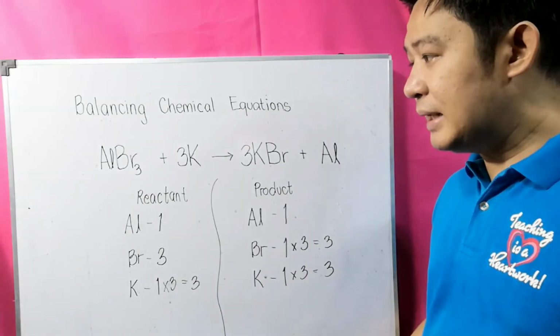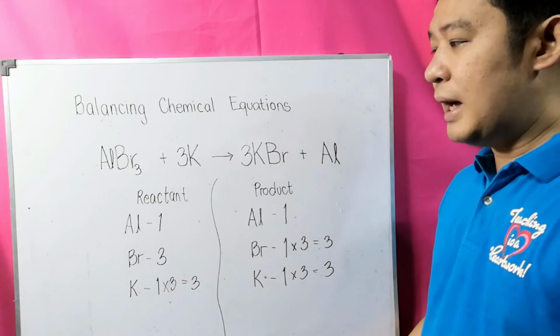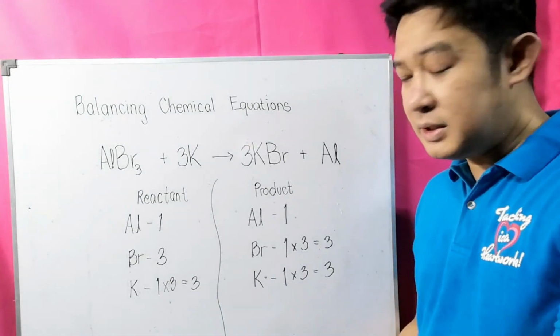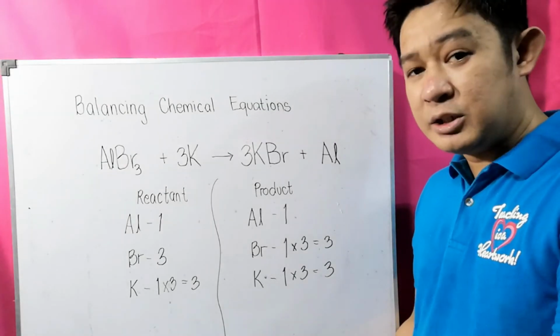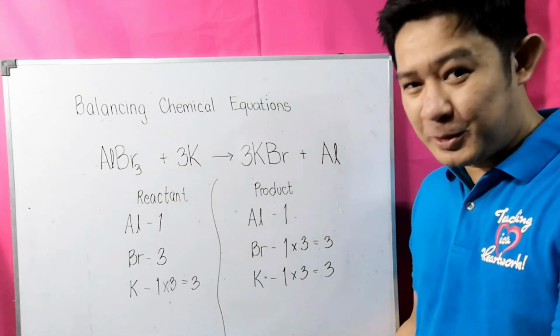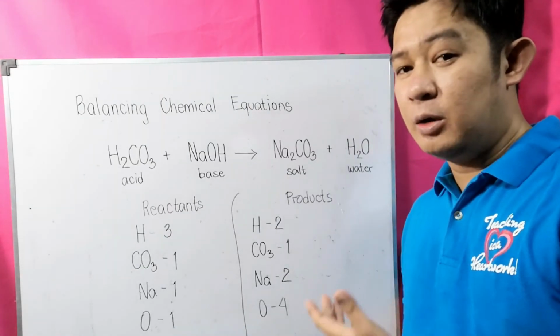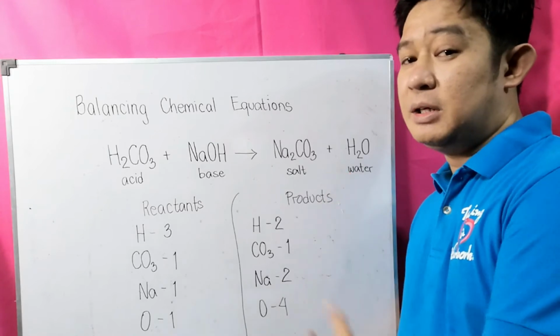So this is the balanced chemical equation of the reaction between aluminum bromide and potassium, producing 2 products, potassium bromide and aluminum.